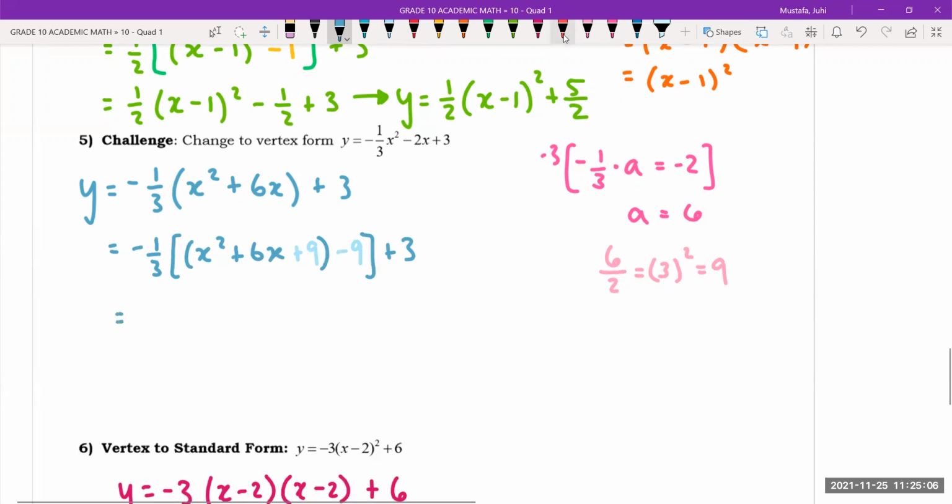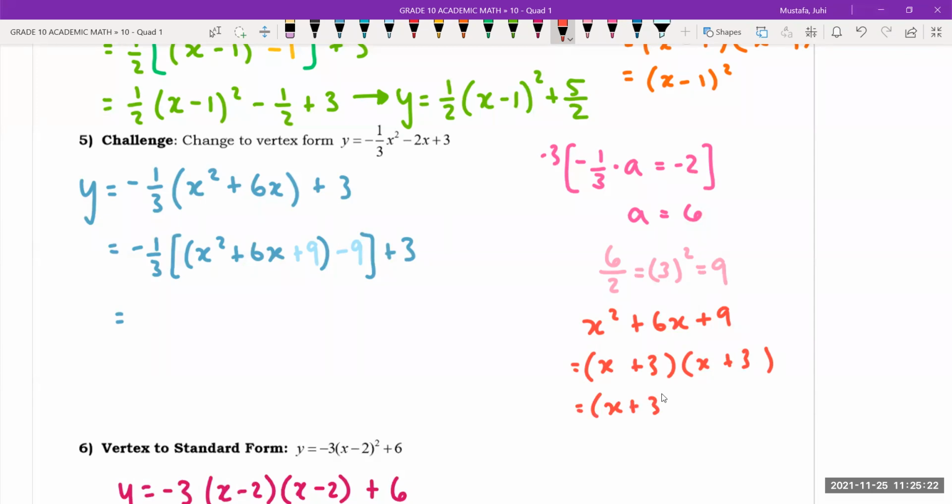And then I can just factor this. So it's going to be x squared plus 6x plus 9, which is equal to x and x plus 3, which is x plus 3 all of it squared.